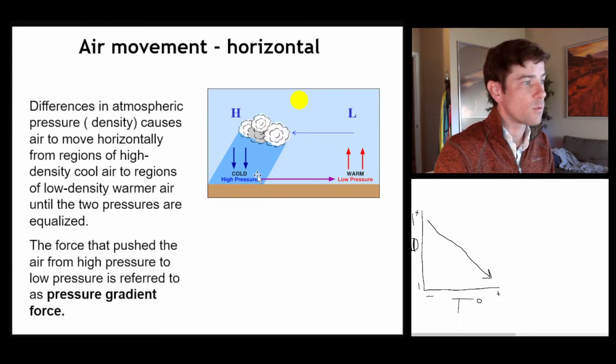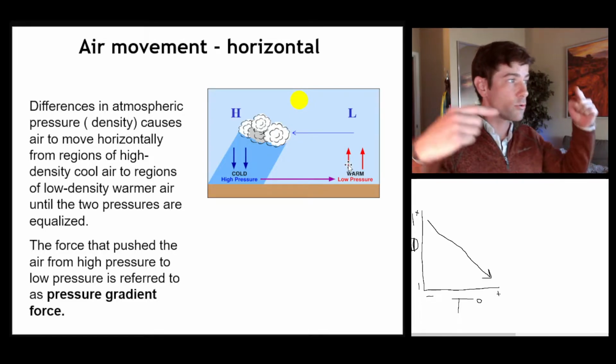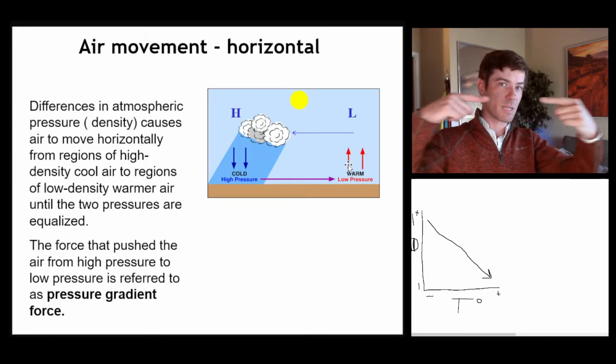There is what we would call a pressure gradient force that carries cold, dense air from higher latitudes along the Earth's surface to the intertropical convergence zone. It does that from both directions, and that's why it's called a convergence zone. Convergence is two things coming together.